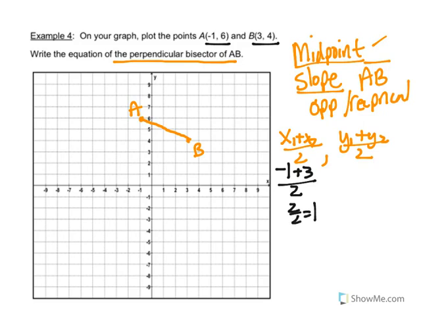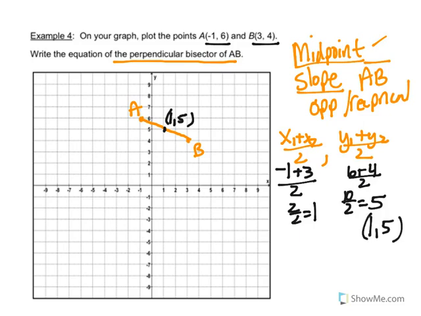And then 6 plus 4 divided by 2 is 10 over 2, which equals 5. So our midpoint here is going to be at (1, 5), right here. That's the midpoint. So we got that.